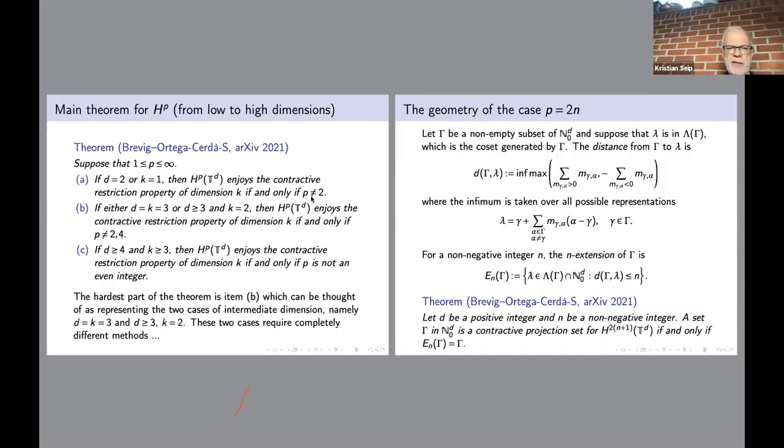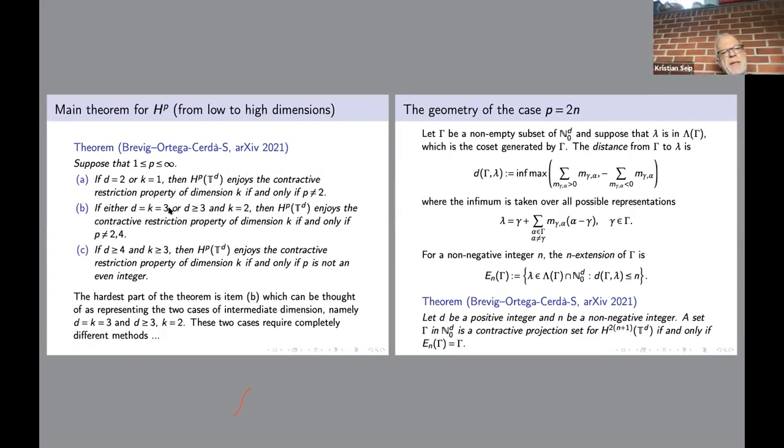Of course, p equals 2, I should have mentioned that before, is not interesting, because then all sets of frequencies are contractive projection sets. But for all other p's, we are covered by the Ando-Rudin theorem. So in some sense, nothing new or interesting happens in low dimension.